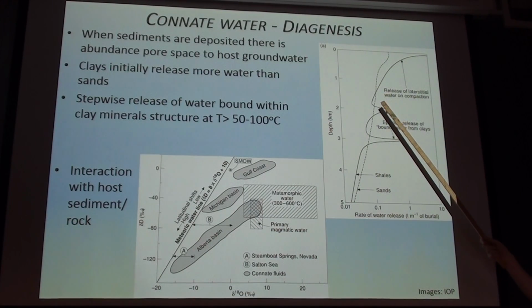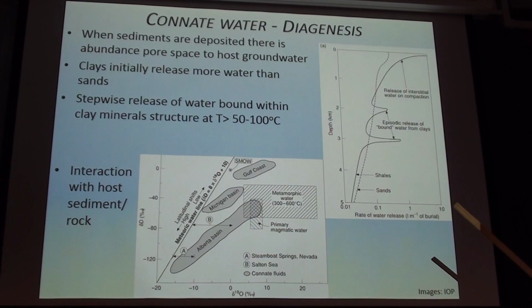Another feature of the clays is that as the temperature increases, the water contained in the crystal structure of clay minerals is squeezed out, and so we have these spikes of water release as these reactions occur.